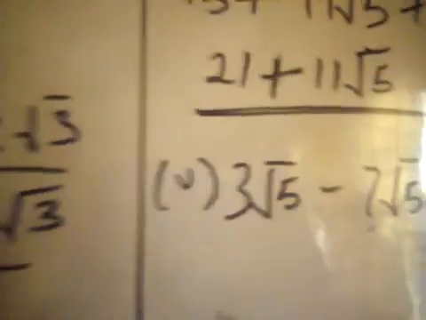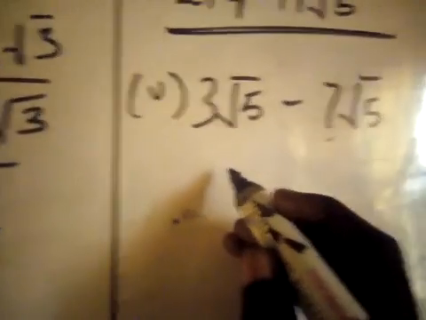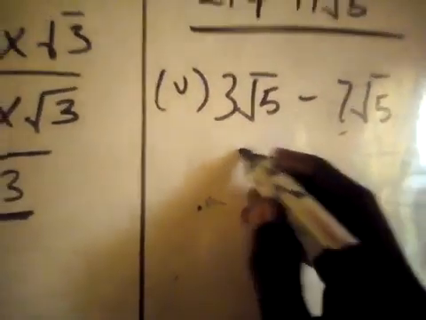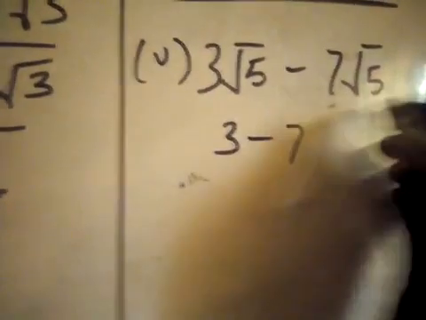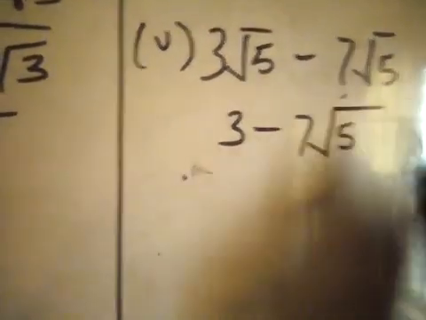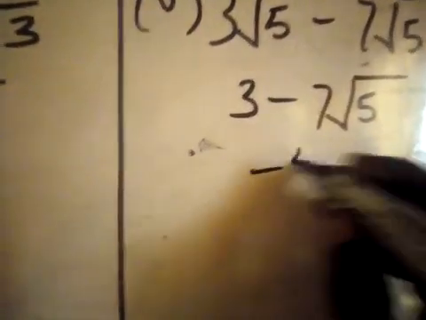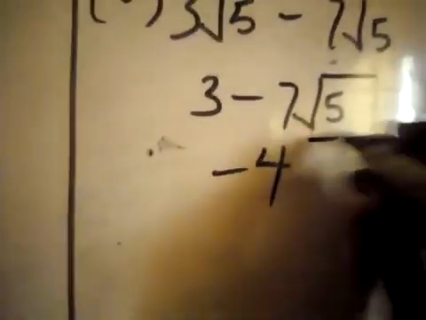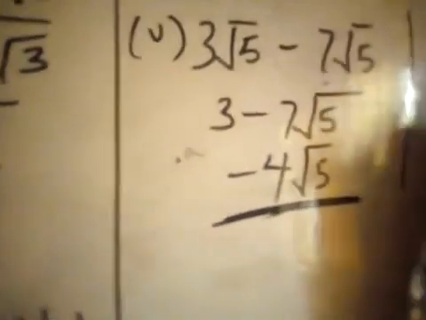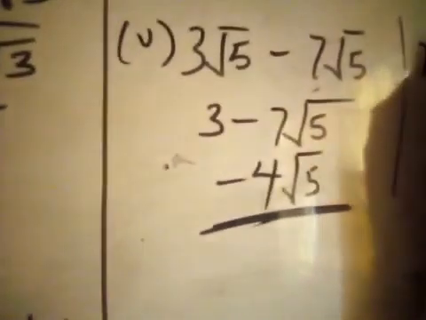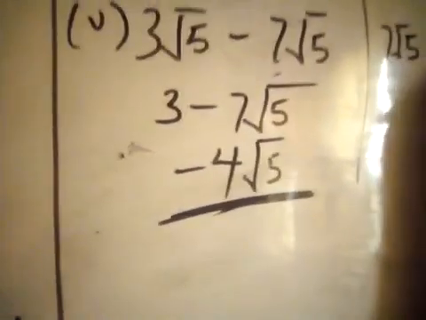So with that, what do you do? Okay, 3 comes before this, so minus 7. So you pick one of these. Then you have 3 minus 7, which gives us negative 4 root 5. Let's say, for example, we have 7 root 5 minus 3 root 5.